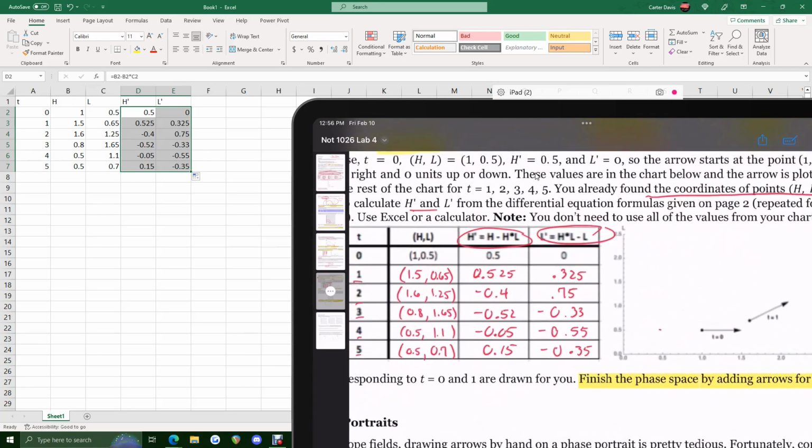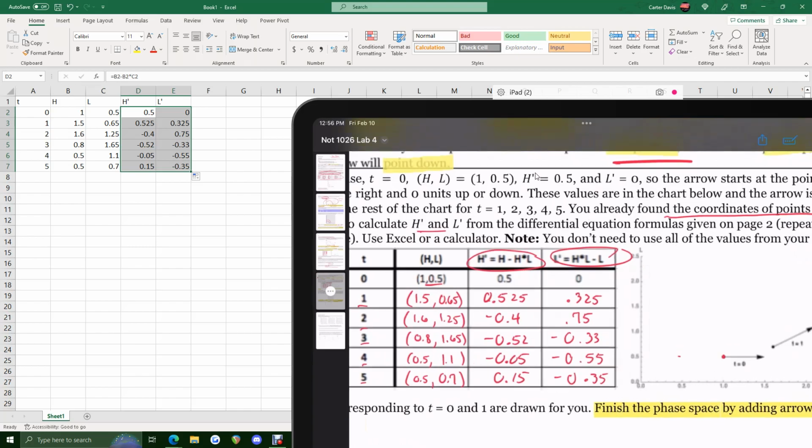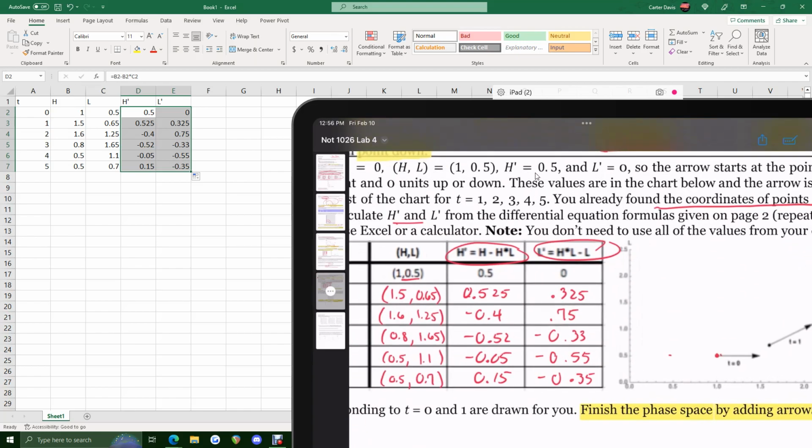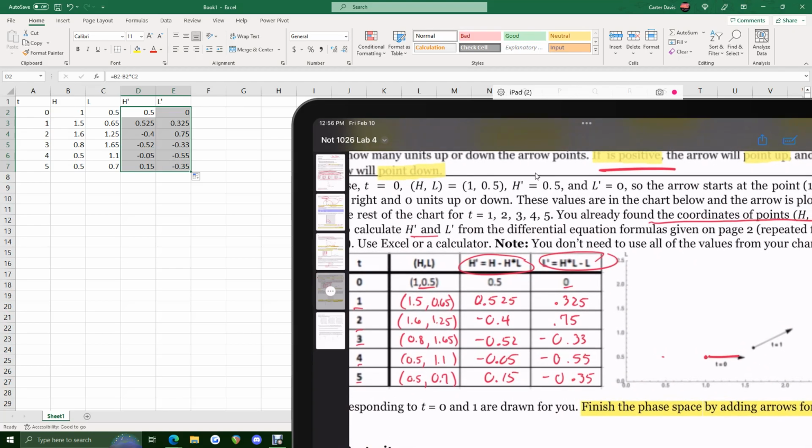Now, they've done the first one for us. Let's reiterate it though. They have the ordered pair 1 and 0.5, so they put a point at 1 and 0.5. They went to the right by 0.5, and they went up by 0, because the L prime value was 0. Then they already have another one.